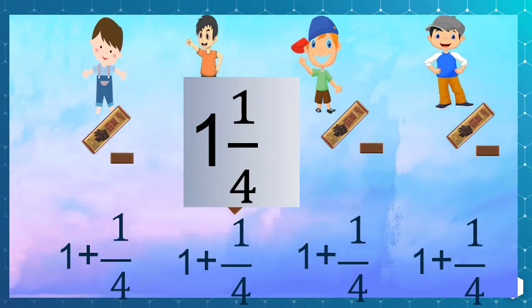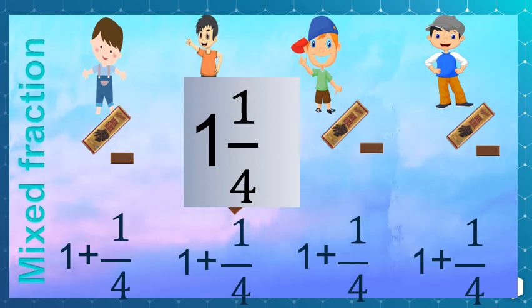1 and 1/4, and that type of fraction is called a mixed fraction. 1 and 1/4 is a mixed fraction because it is the combination of whole and fractional parts. 1 and 1/4 is called a mixed fraction.